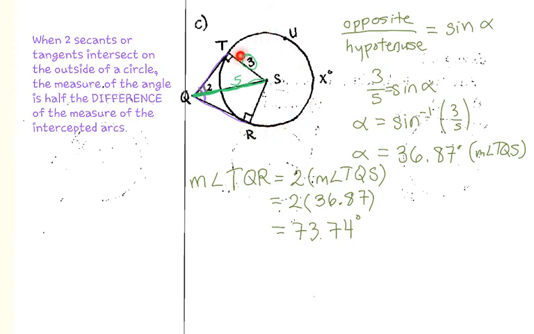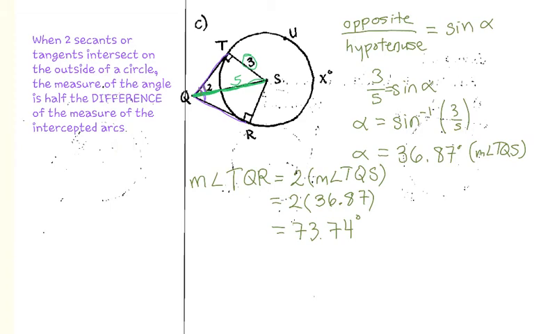X is actually talking about the measure of arc RUT. It's not RU, it's RUT. To find the measure of arc RUT, we're going to use this fact: when two secants or tangents intersect on the outside of a circle, the measure of the angle is half the difference of the measure of the intercepted arcs.